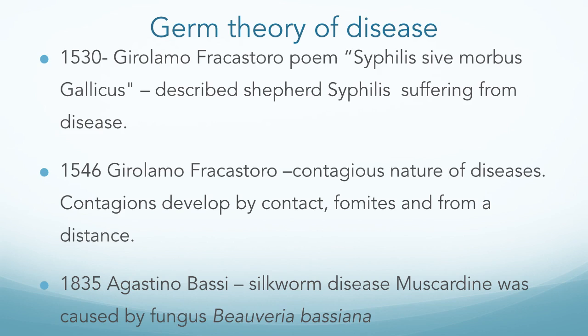In 1835, Agostino Bassi, an Italian in Lodi, showed that the silkworm disease, muscardine, was caused by a parasitic fungus which was later named Beauveria bassiana in honor of Agostino Bassi.